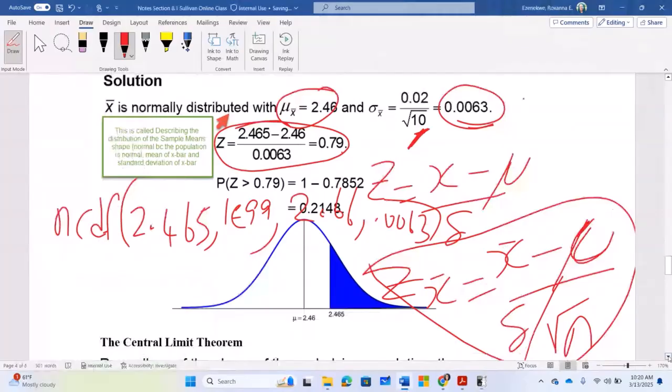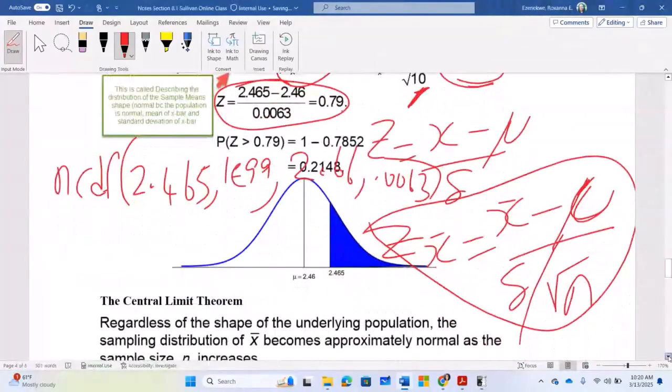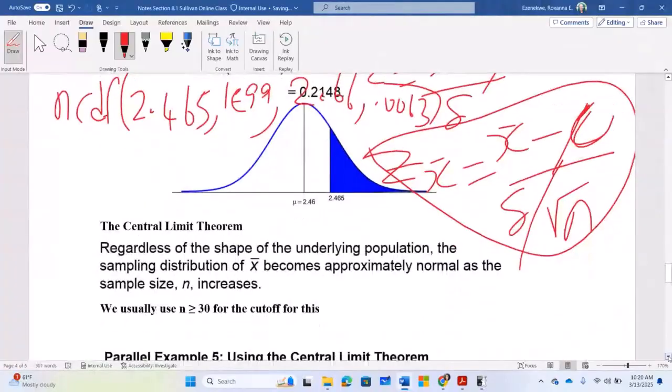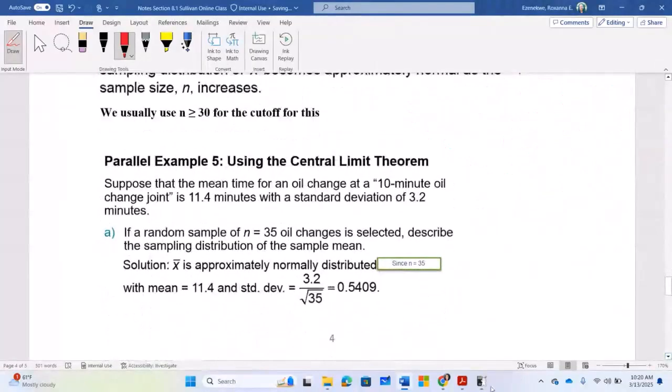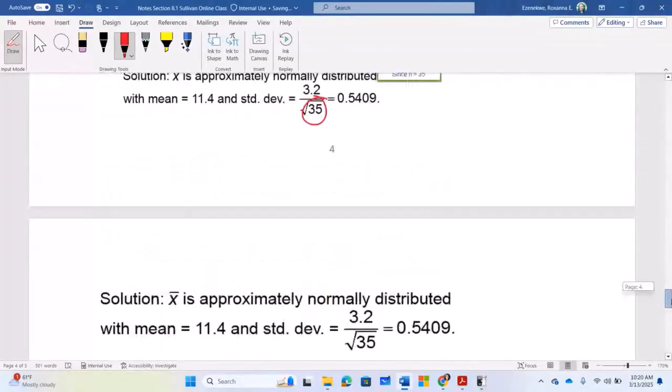And while we're looking for area to the right, we have to go to, and it depends on the size of the sample. As the sample size increases, the standard error decreases.